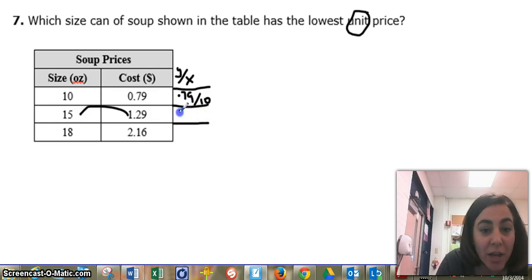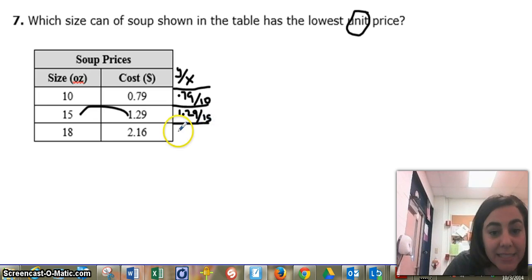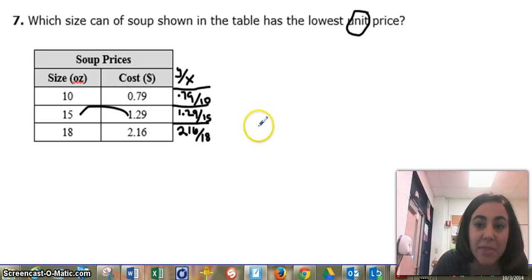So it's going to say $1.29 compared to 15 ounces. And then finally, your last one is going to say $2.16, or another way to say this is divided by 18. So compared to, divided by are all the same thing.